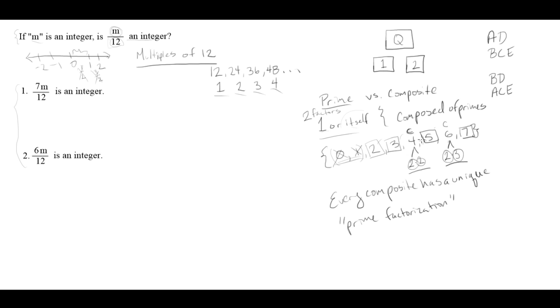Because every composite number has a unique prime factorization. That is, there are a unique set of primes that will generate the number 4. And there are a unique set of primes that will generate the number 6.